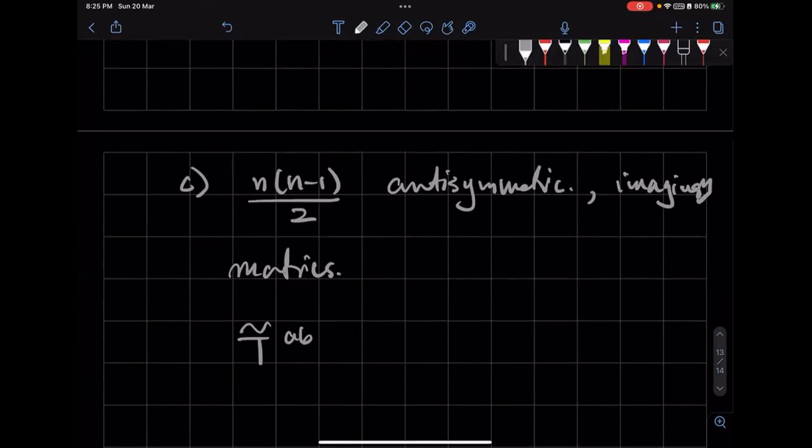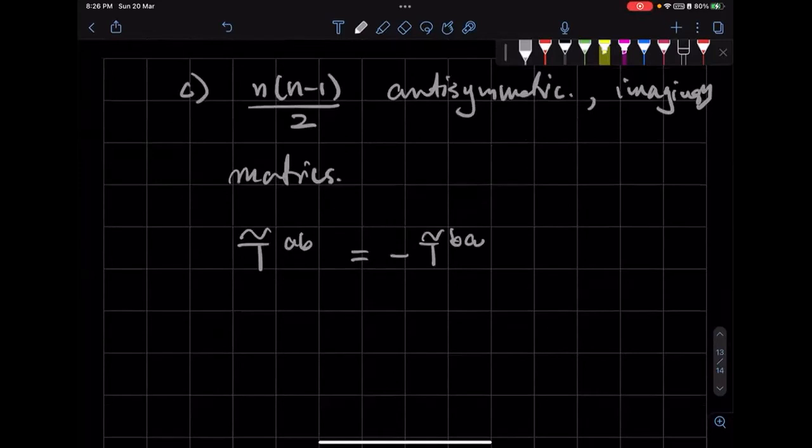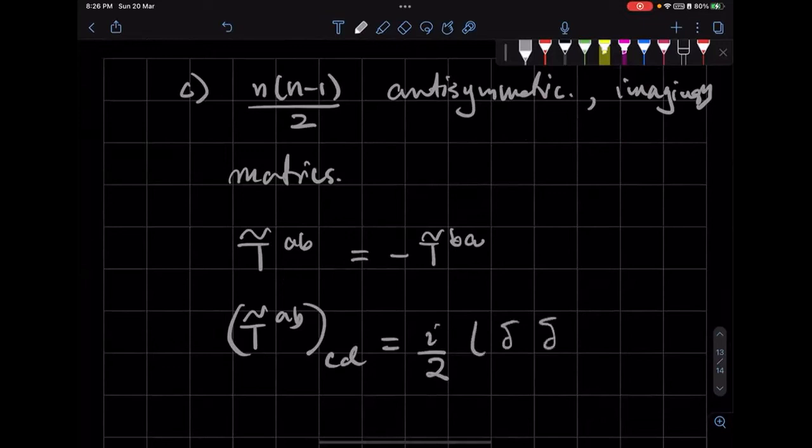No, I'm not putting any condition on the indices because I think what is happening is, yeah, we can impose that as a condition. So then these matrices can be, we just multiply by I, and then instead of plus sign, we have minus sign.